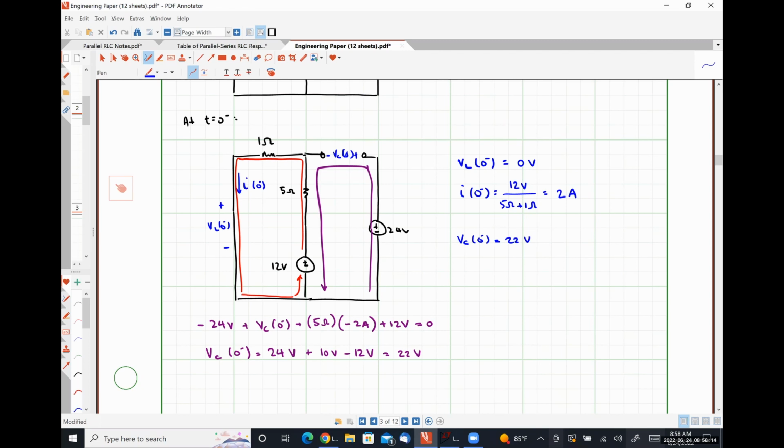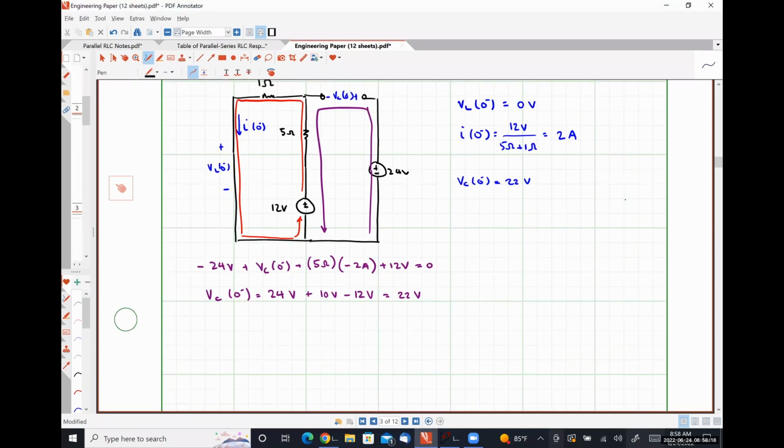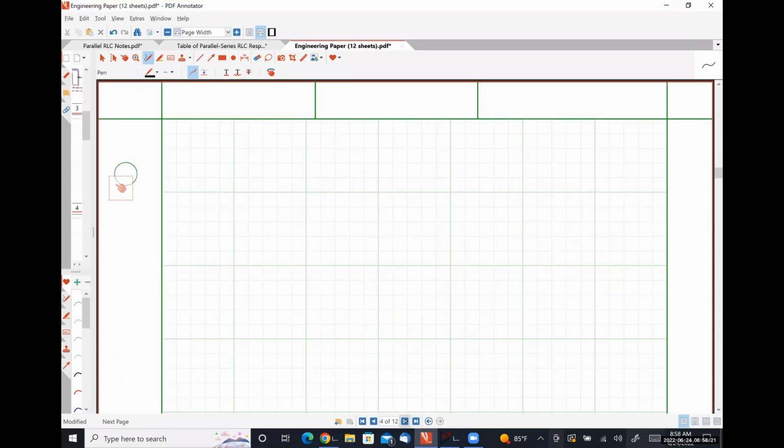All right, so now we'll analyze our circuit at t is equal to 0 plus. At t is equal to 0 plus, our switch is open.